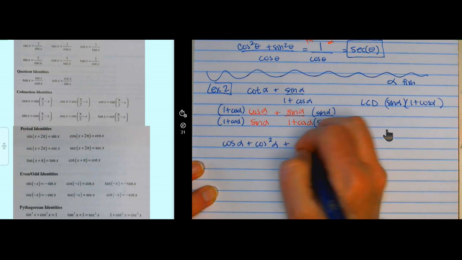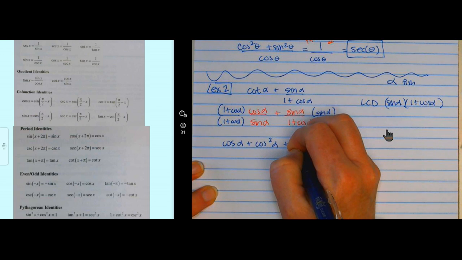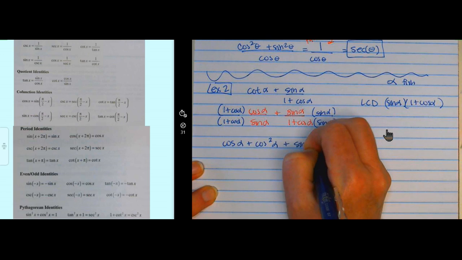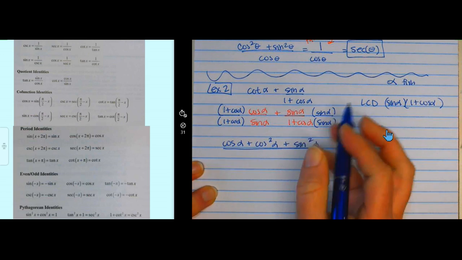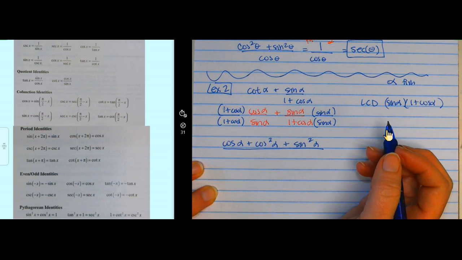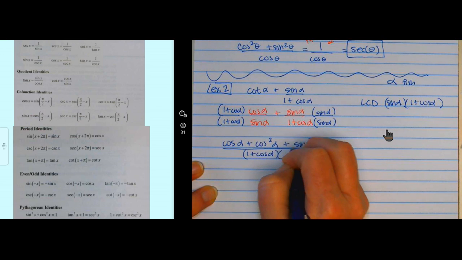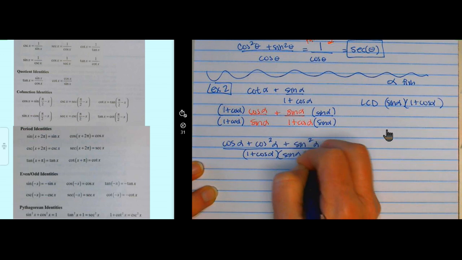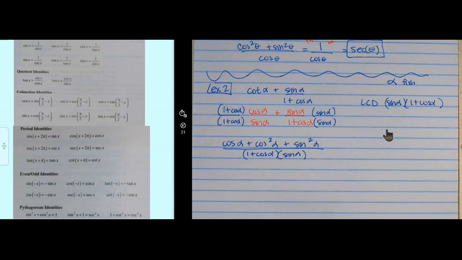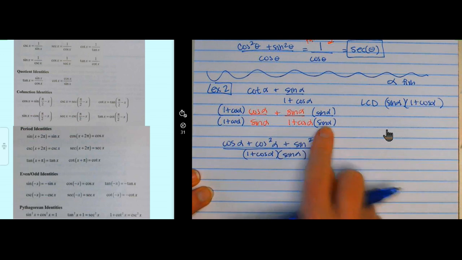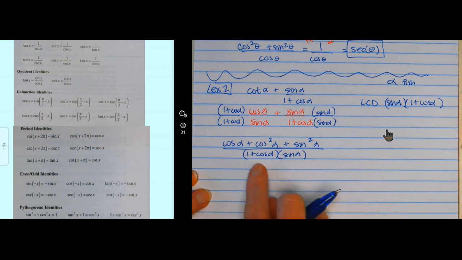Plus sine squared of alpha all over my common denominator, which is 1 plus cosine of alpha times sine of alpha. Because when I multiply this by this and this by this, I get the same thing. And I'm going to leave that like this in the bottom in case it cancels later.